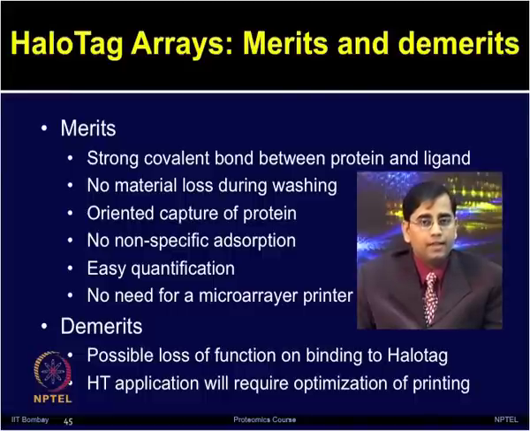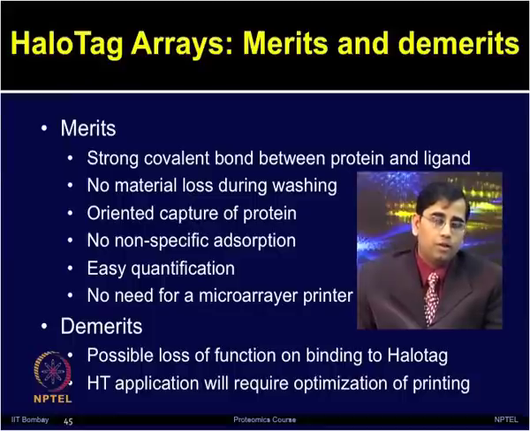The quantification is easy and one does not need a microarray printer to print the proteins on this chip, because the commercial kit of HaloTag arrays provides the gasket which can be used for printing the arrays.